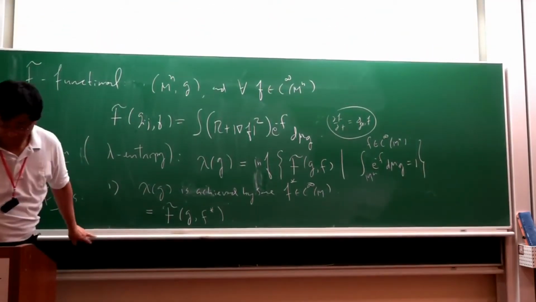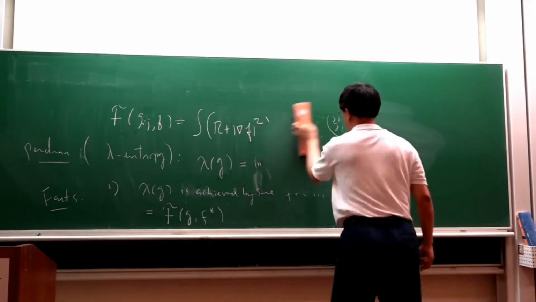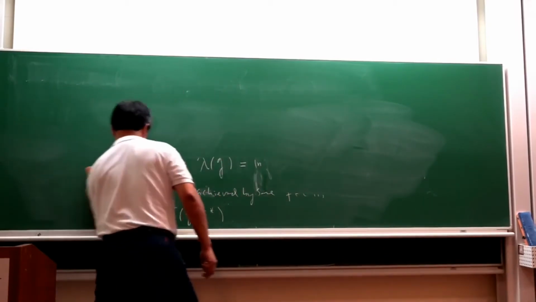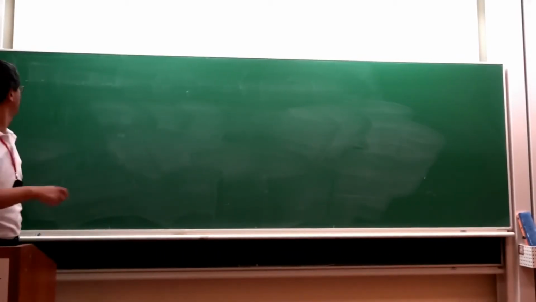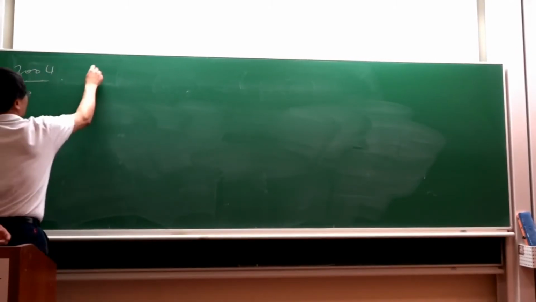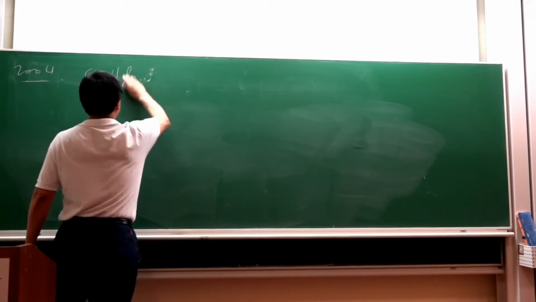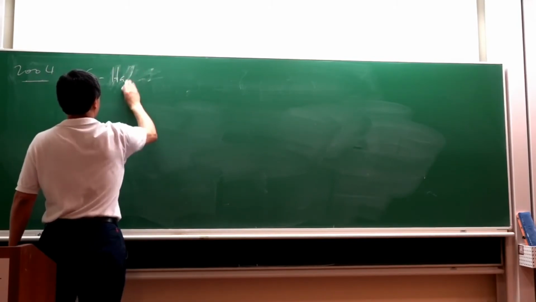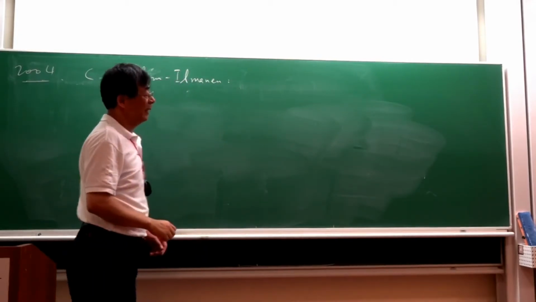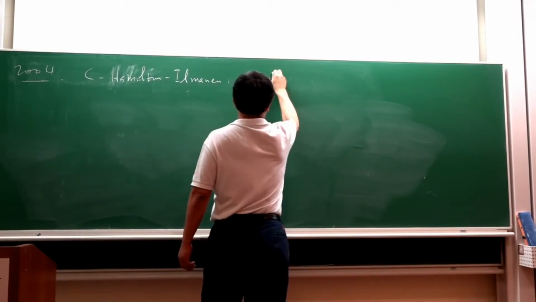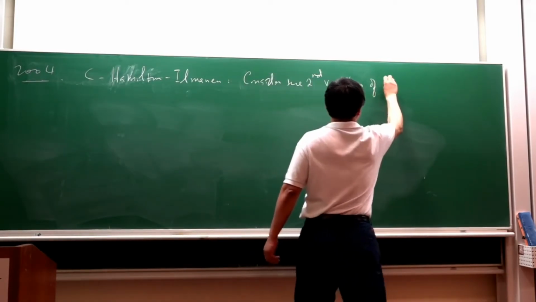Okay, so let me. So in around 2004, myself and Hamilton and Tom Ilmanen, we considered the second variation of the mu entropy.